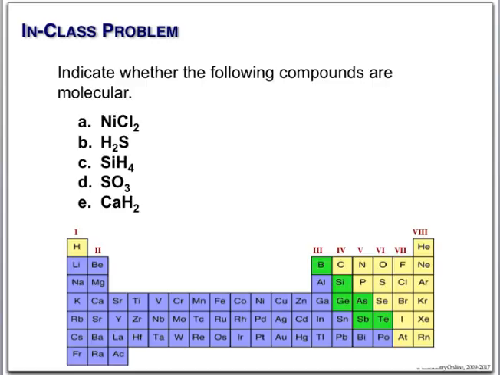Our first one, Ni is nickel. Where is nickel? Right there. What color is nickel? It's blue. It's a metal. This is an ionic compound.